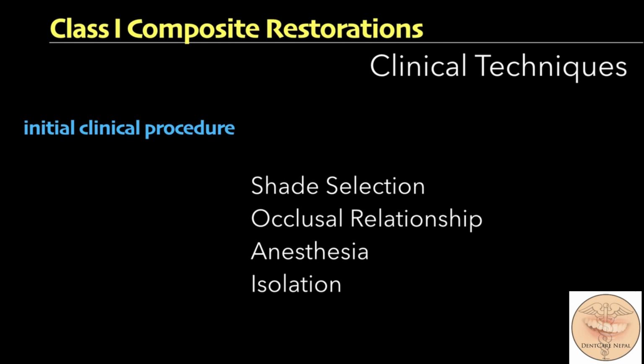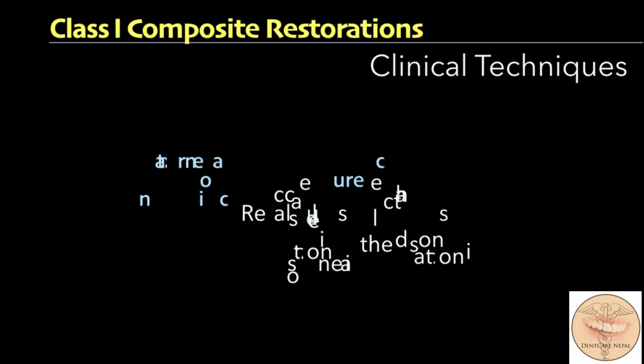After that, we provide the local anesthesia. Why? Because it makes a more pleasant and uninterrupted procedure, and there is a marked reduction in salivation as well. Isolation is extremely important for a successful composite restoration. Although with cotton rolls and other means of indirect isolation a composite restoration can be performed, it is highly unpredictable.